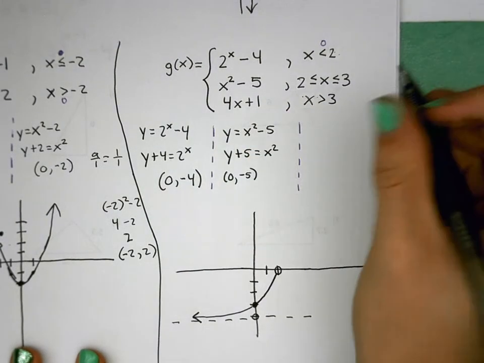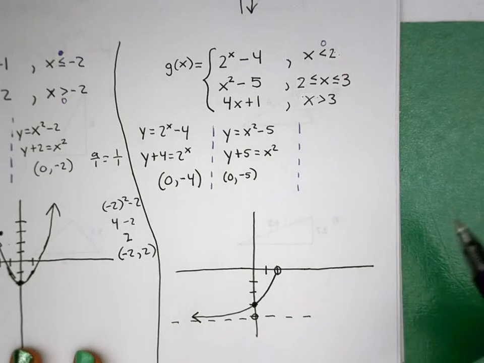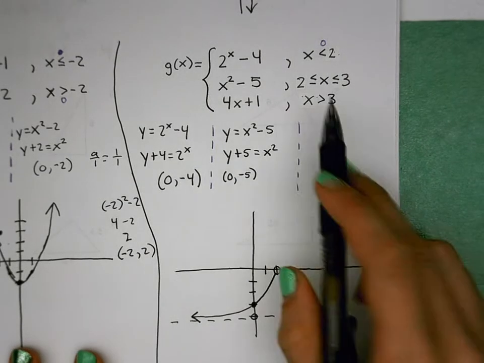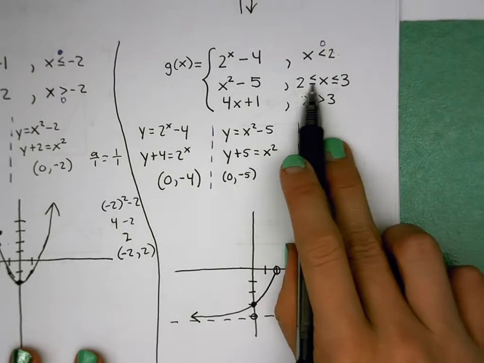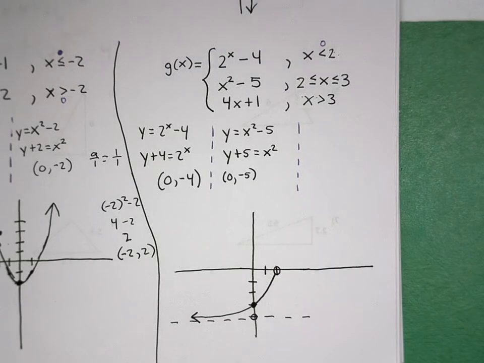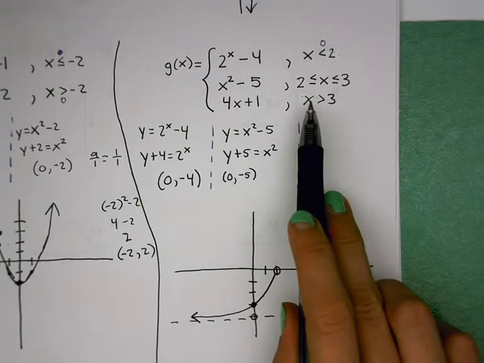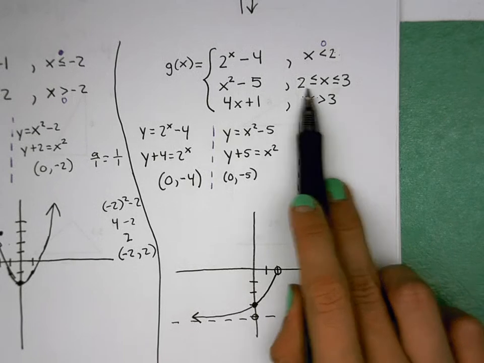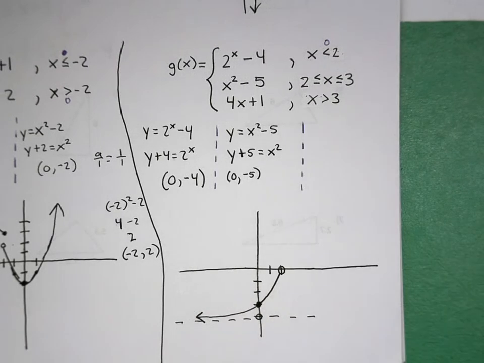Now I can't actually plot that point, unfortunately, because x equals 0 is outside of the domain that goes with this function. I can sketch this point though if I'd like. I just need to make sure I erase it eventually so that the only part showing for this function is what happens between 2 and 3.